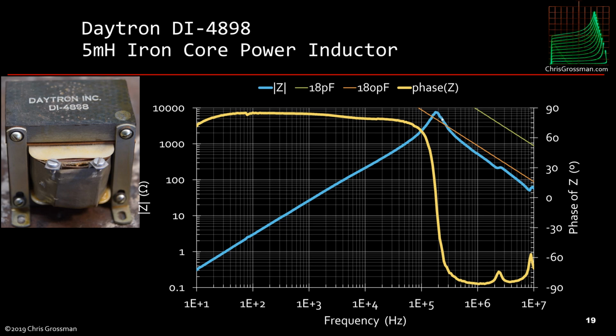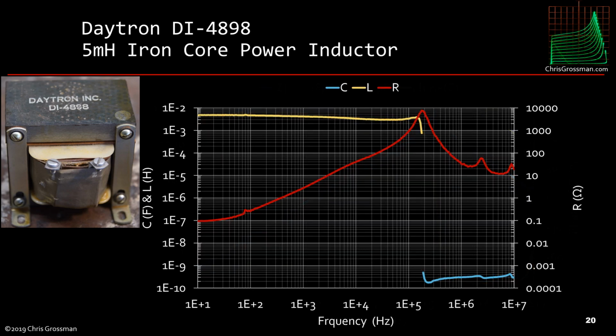Now the resonance crosses over this 180 picofarad line, but I wouldn't worry about that because you're going to get a peak, but these other lines are well out. Again, we see a little glitch here in the phase, between 2 and 3 megahertz. Again, I see this in a lot of the measurements, and I think it has something to do with the current probe.